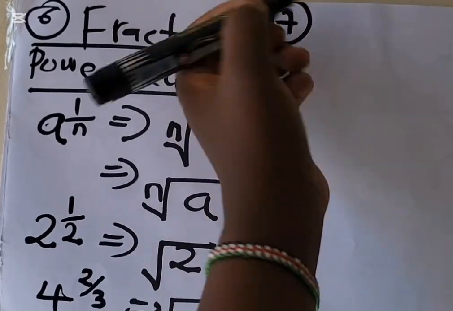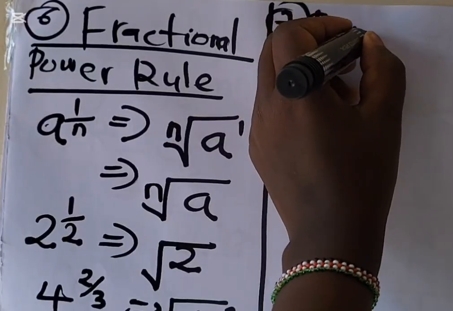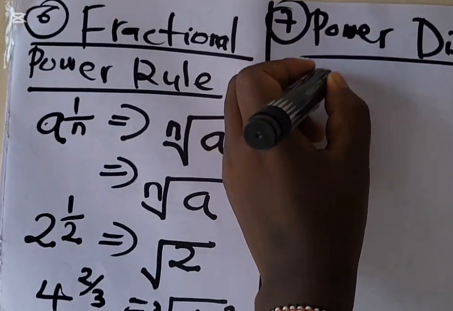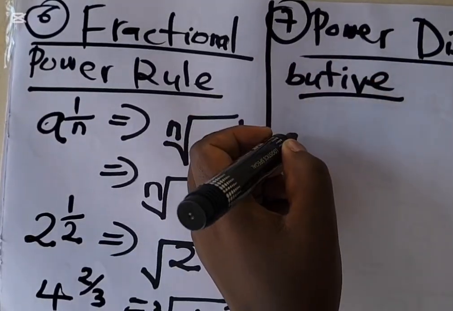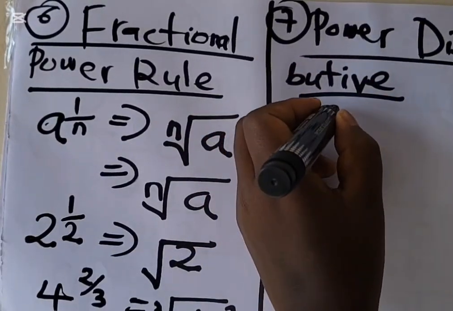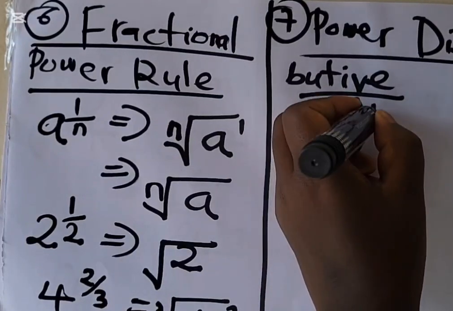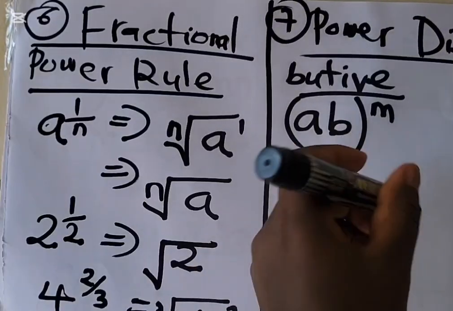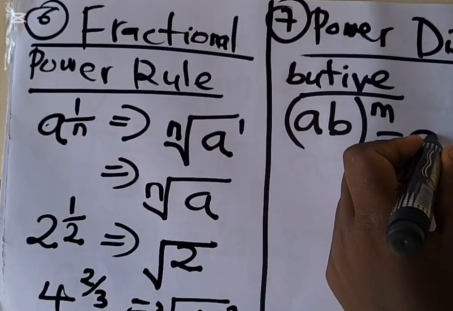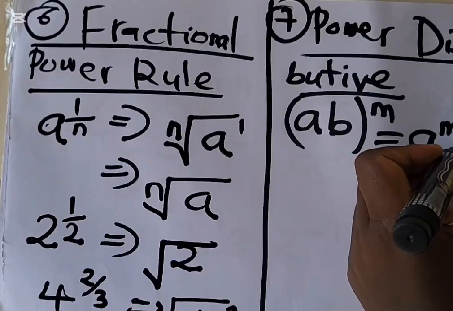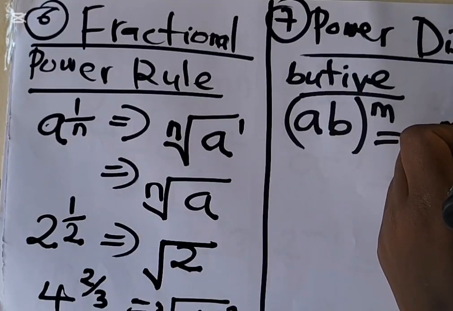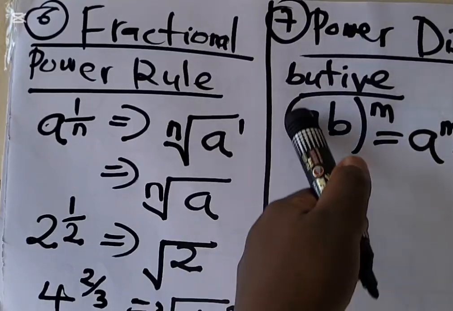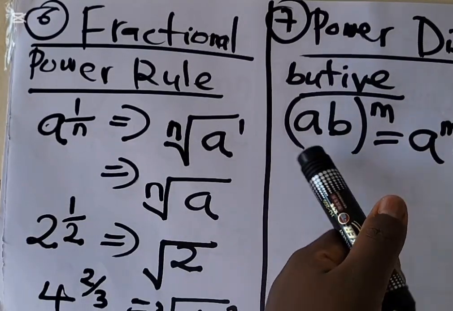Rule number 7, let me call it the power distributive rule, whereby if we have A times B, all raised to M, this becomes A raised to M times B raised to M. It simply means that you are distributing M across everything inside the brackets.